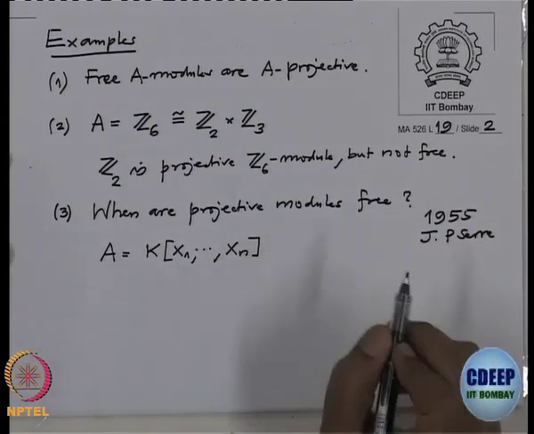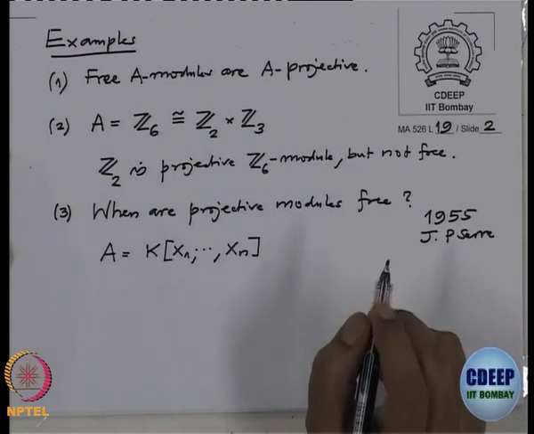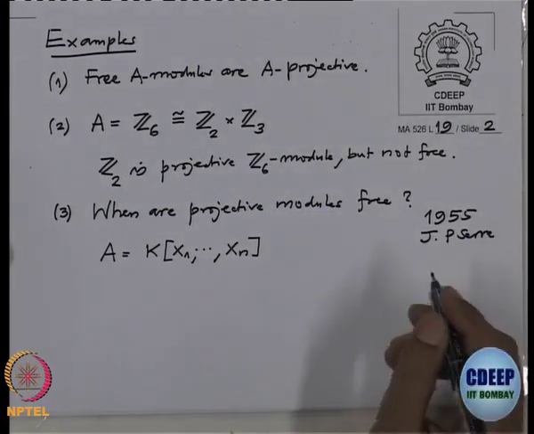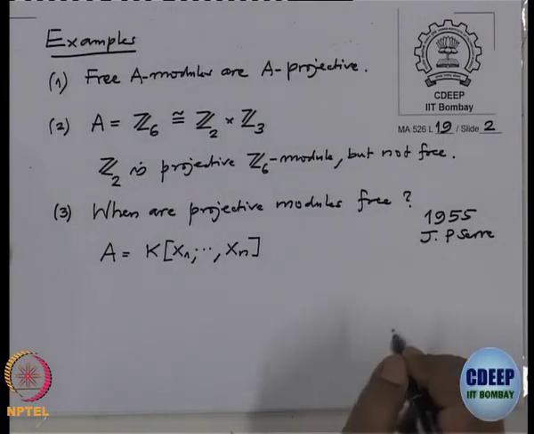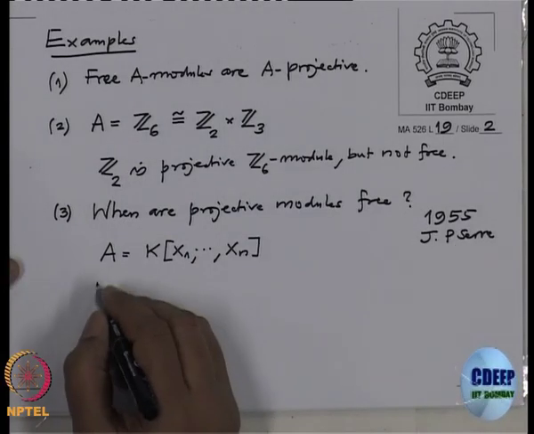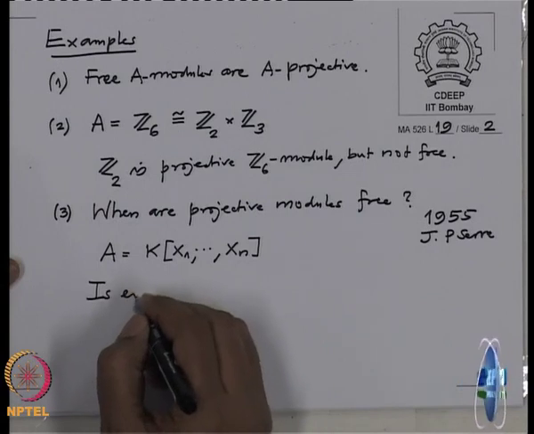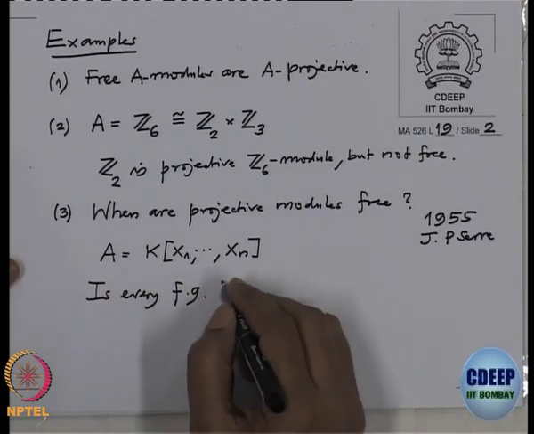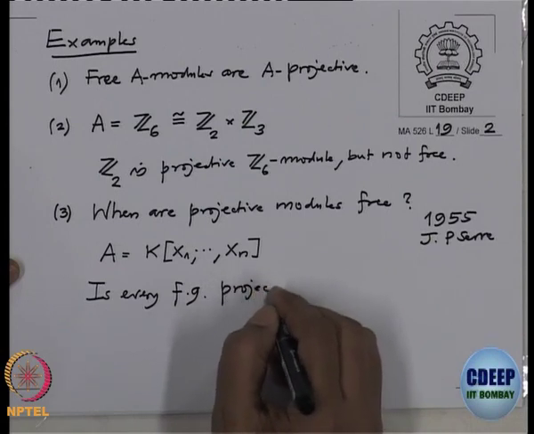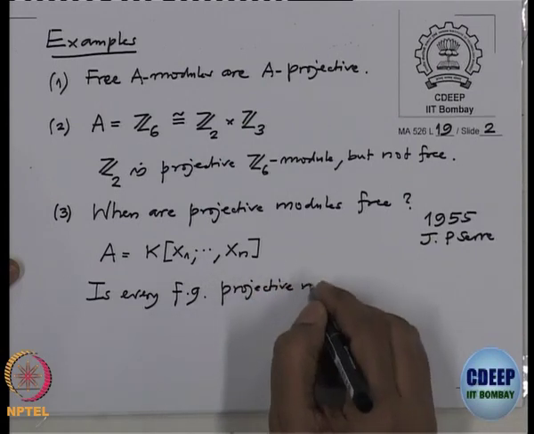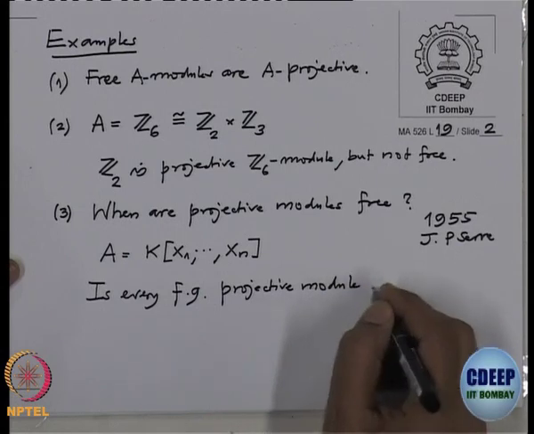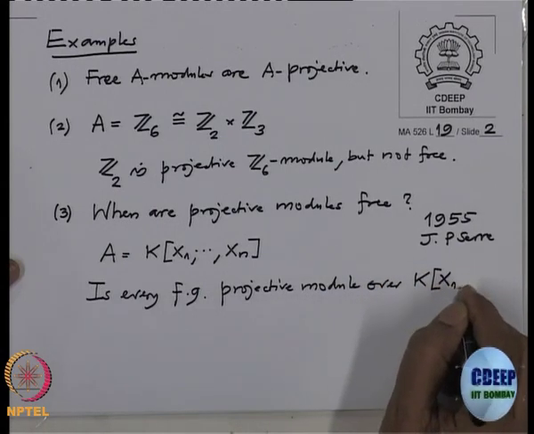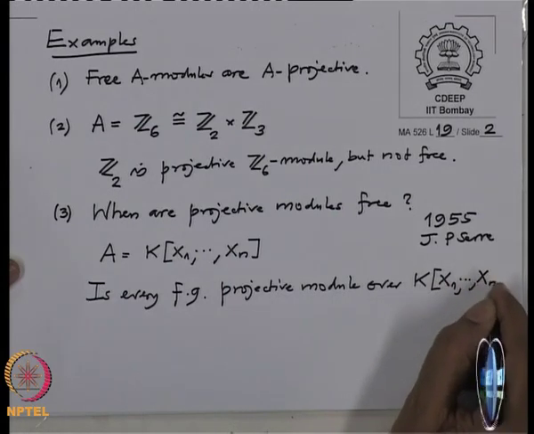So, look at the polynomial ring in n variables over a field. So, this is a very special ring. So, he asked the question, is every finitely generated projective module over k[x1, ..., xn] free?